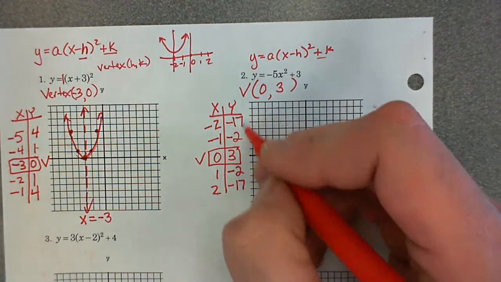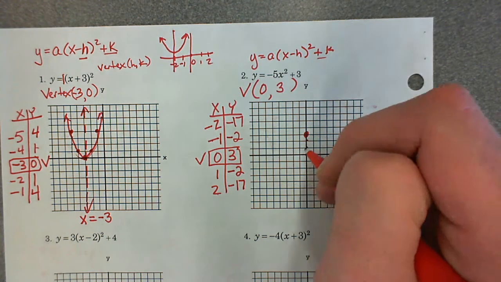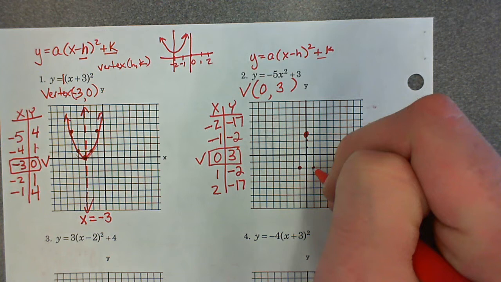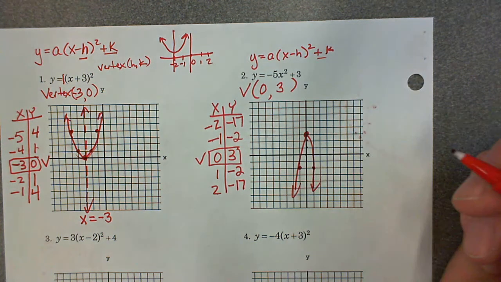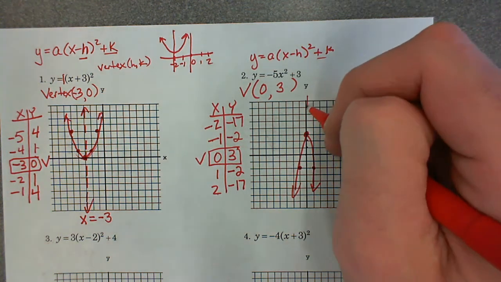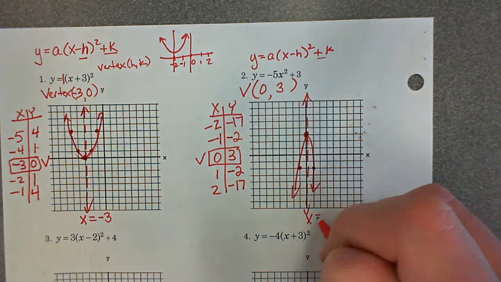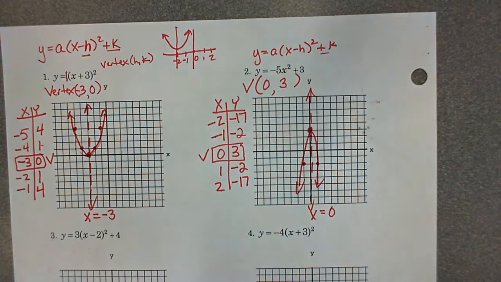Now we won't be able to graph the negative 17s because they're off the graph, but we can go ahead and plot the negative 1, which is at negative 2, and positive 1 is also at negative 2. So this opens down. And then we can throw in our axis of symmetry, which in this case is the line x equals 0. Okay? So that's doing the graphs the old-fashioned way. On number 3, I'll show you how to use a graphing calculator.